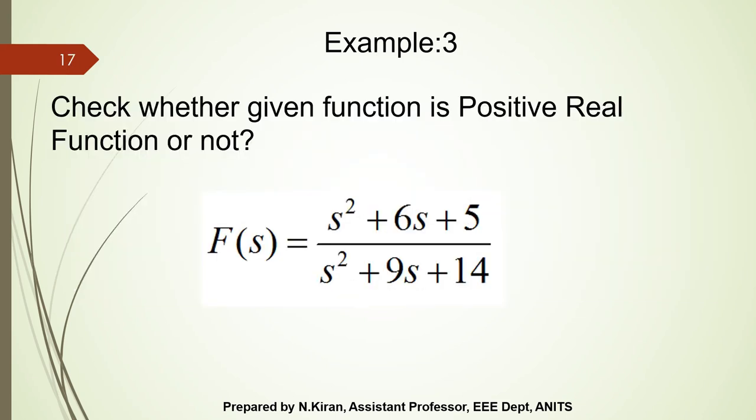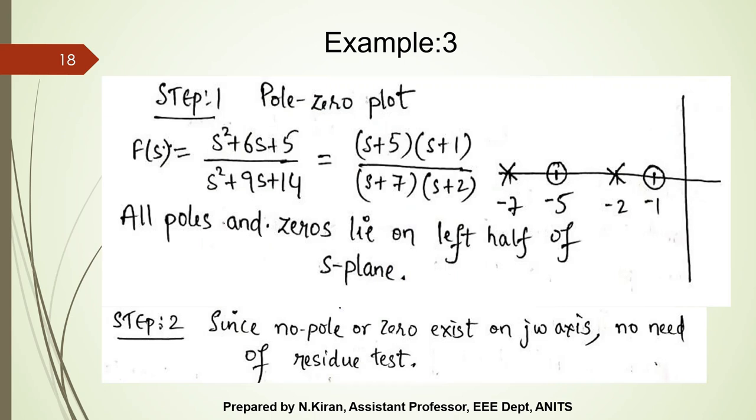Third one, s square plus 6s plus 5 by s square plus 9s plus 14. We must check whether it is positive real or not. So first we have to find the poles and zeros of the given function. If I find the roots of the numerator polynomial, I have obtained -5 and -1.